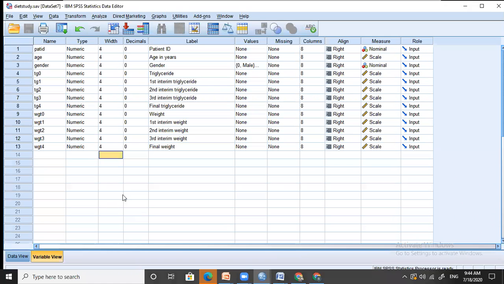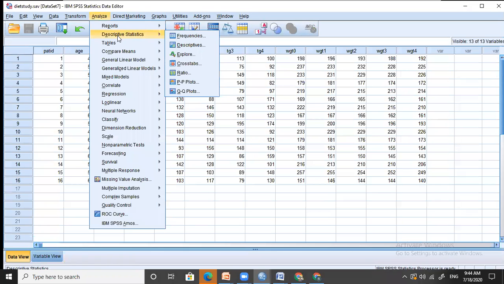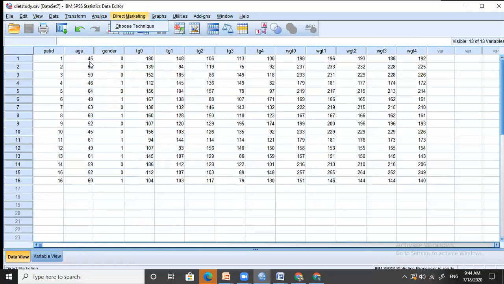This is my data set, right? Now let's look at how we go about it. We want to know the impact on triglyceride level and weight. TG0 is before and TG4 is after the diet, right? Similarly, WGT0 is the weight before the diet, and WGT4 is the weight after the change in diet.